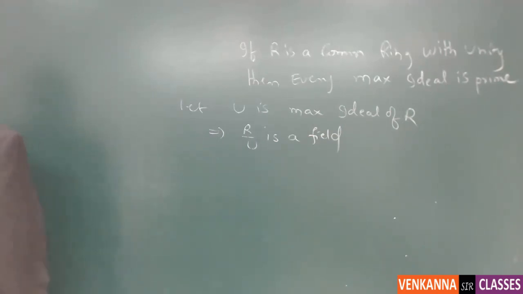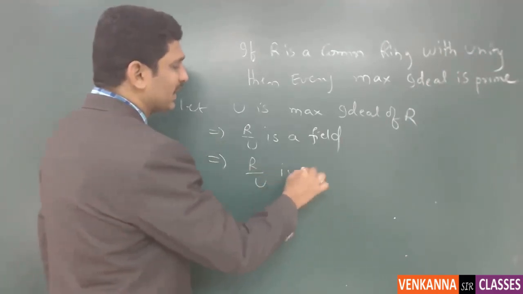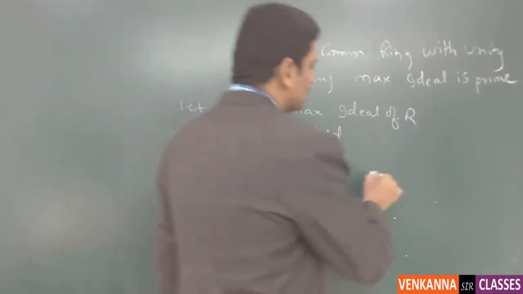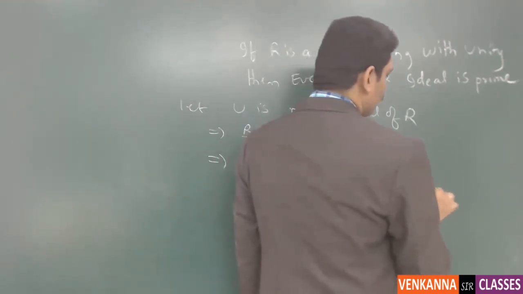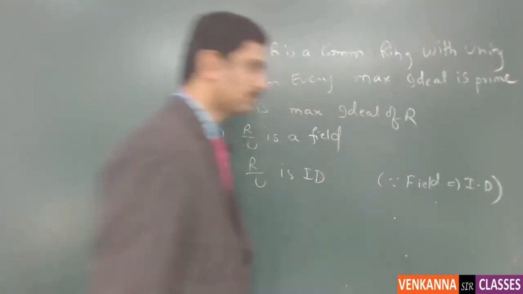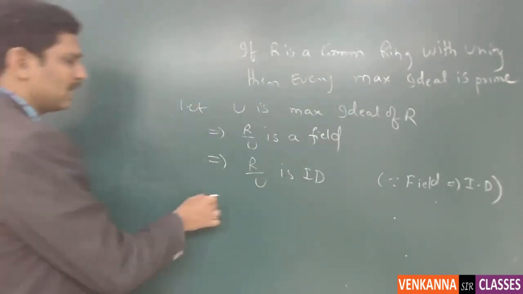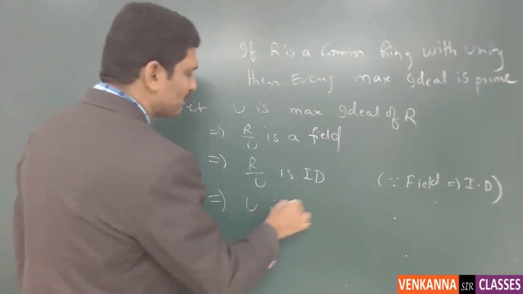Just now we proved this: U is maximal if and only if R/U is a field. That is the lengthy result you proved just now. So immediately you can say that R/U is an integral domain. Why? Because a field implies an integral domain. Every field is an integral domain. Immediately you can say that U is a prime ideal.